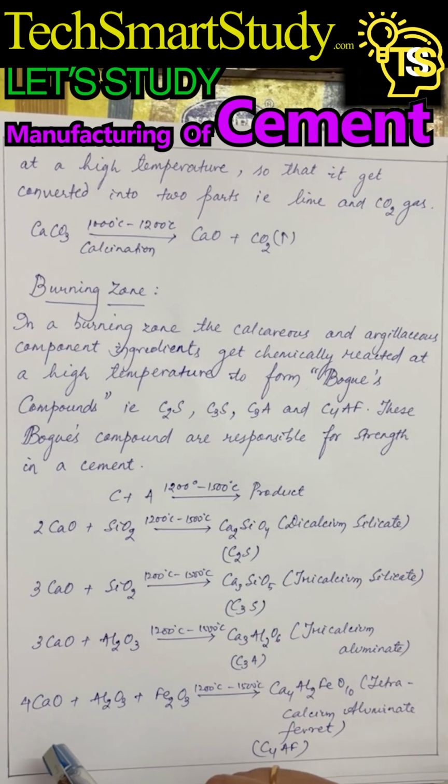Now the last compound is formed by the reaction of 4CaO plus Al2O3 plus Fe2O3, reacted at 1200 degrees centigrade to 1500 degrees centigrade to form a compound Ca4Al2Fe2O10, that is called tetracalcium aluminoferrite, C4AF. These four are the Bogue compounds that we get after the burning zone, when calcareous and argillaceous ingredients get chemically reacted at a high temperature, that is 1200 to 1500 degrees centigrade.